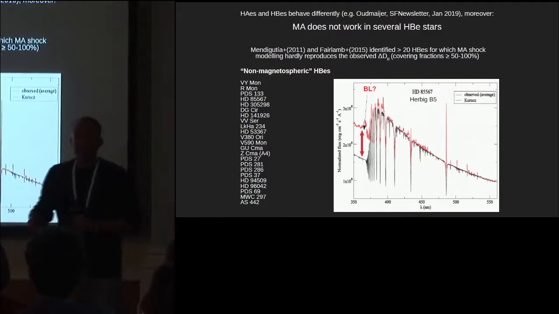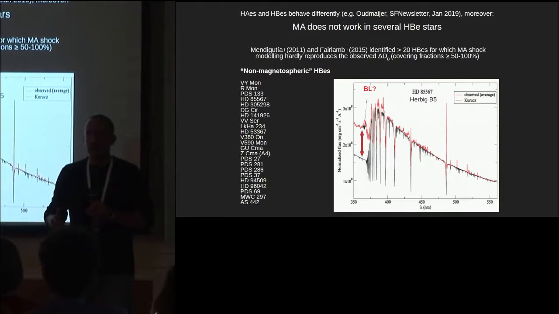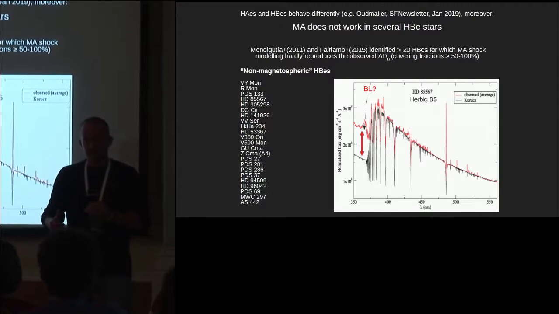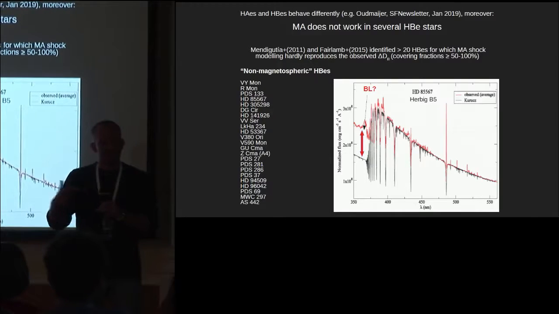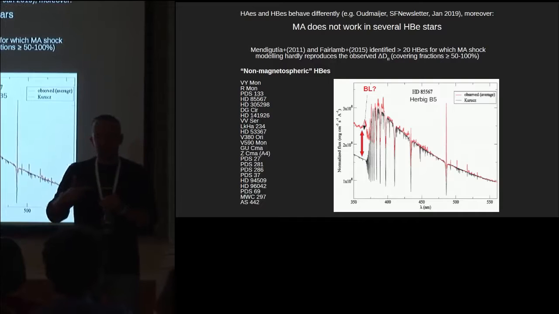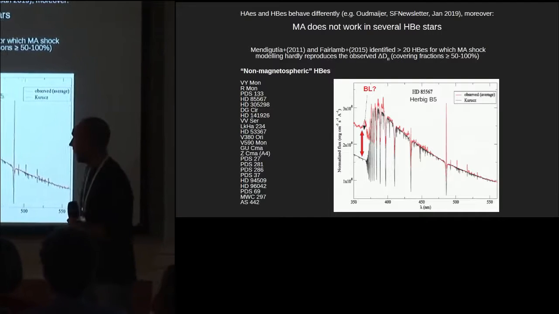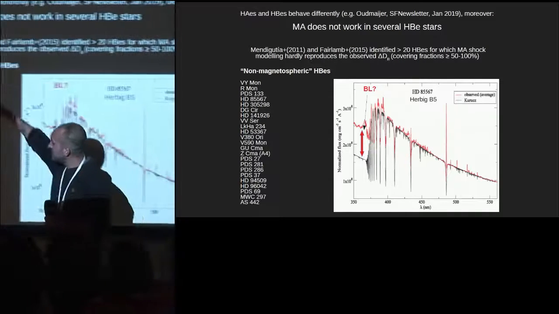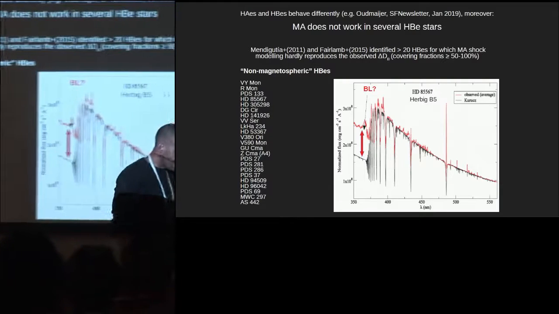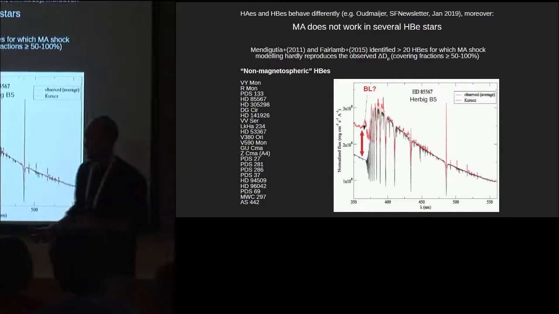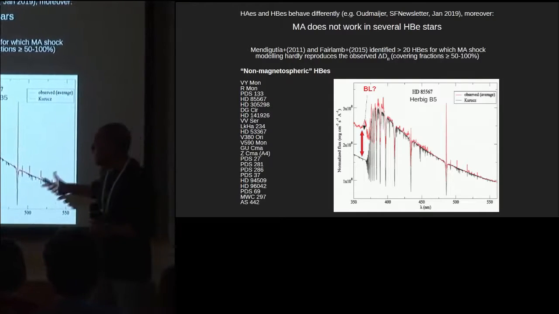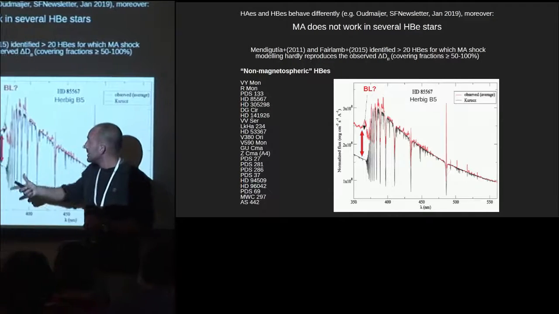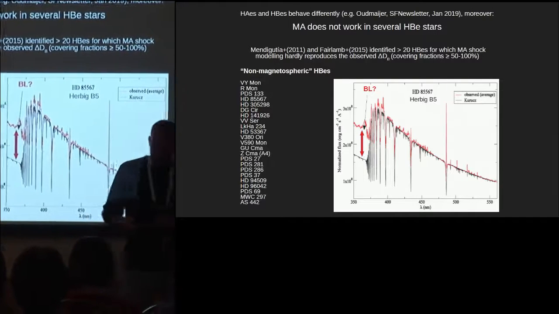The reason is basically that we needed that the stellar surface is covered by more than 100% through the accretion shocks, which is obviously impossible. And it turns out that the vast majority of this subsample of Herbigs that cannot be fitted through magnetospheric accretion are Herbig B stars. So definitely we need an alternative. Perhaps boundary layer, I don't know.